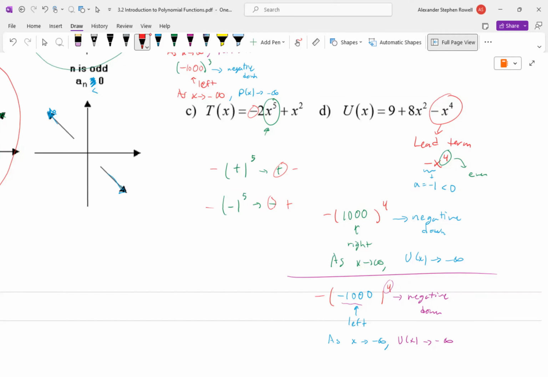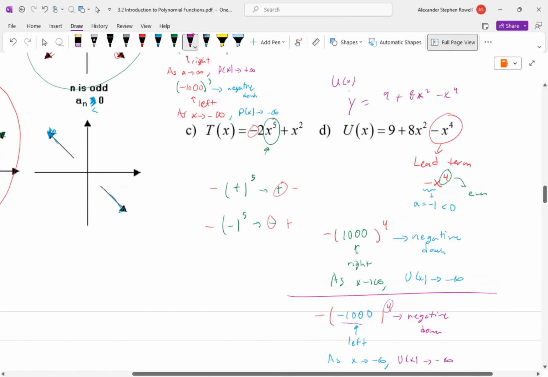Yes. So we can name the function whatever we like. Why don't I just write y is equal to 9 plus 8x squared minus x to the fourth? Do we just want to confuse you? Why would I use u of x? This is function notation, and it allows me to specify which x value I'm plugging in.